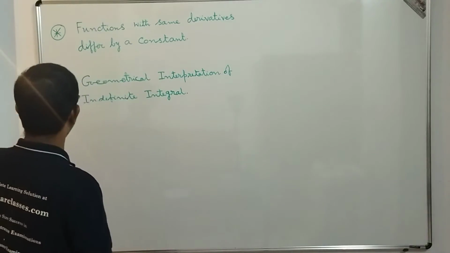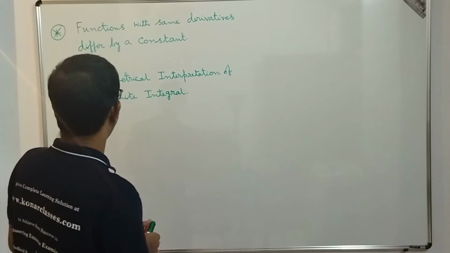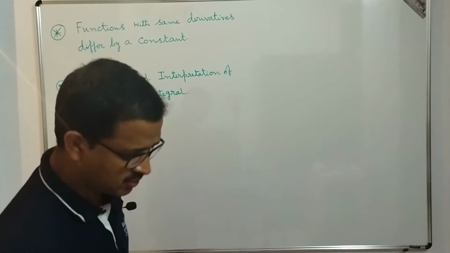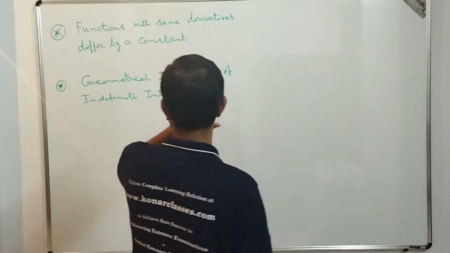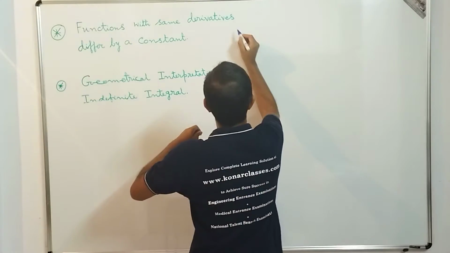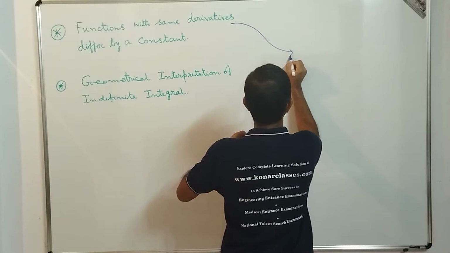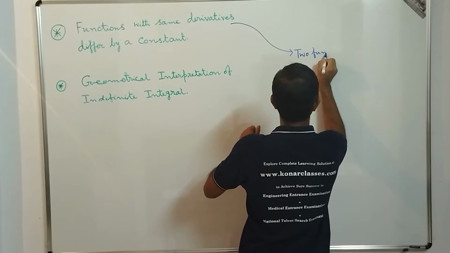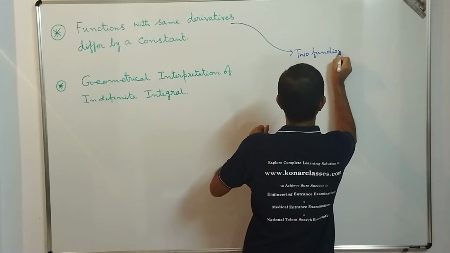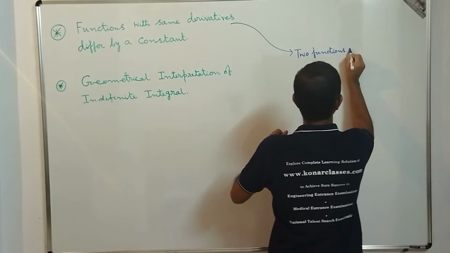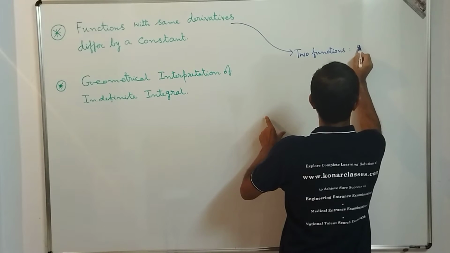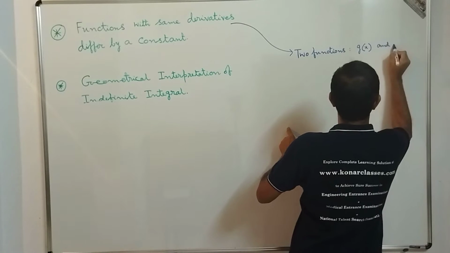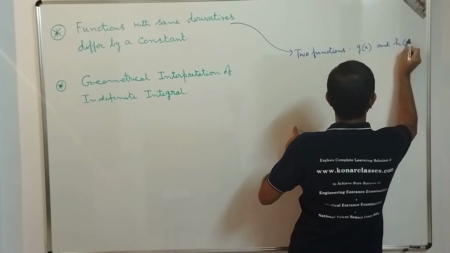The first one is the statement that functions with the same derivatives differ by a constant. Let us consider two functions with the same derivative. One function we define as g(x) and another function we define as h(x).